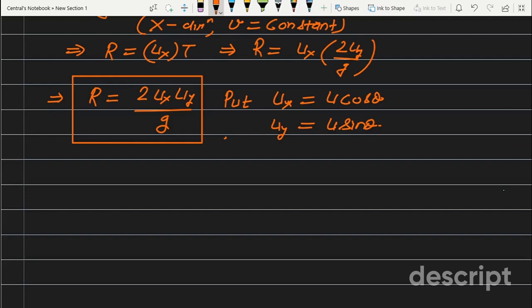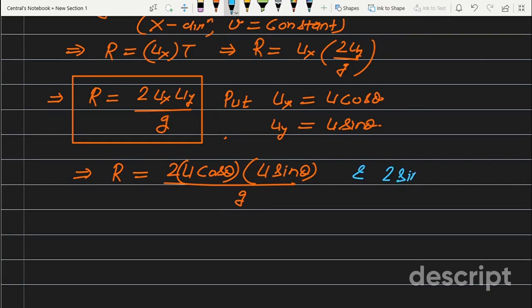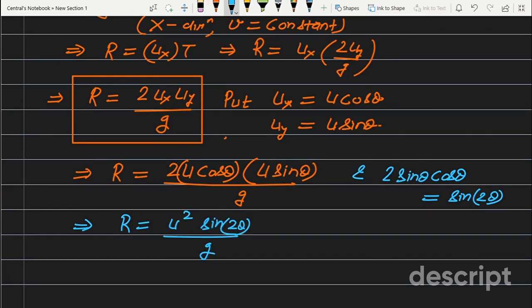So we'll get r equal to 2u cos theta into u sin theta upon g, and we know that 2 sin theta cos theta is equal to sin 2 theta. That means r equal to u square sin 2 theta by g.